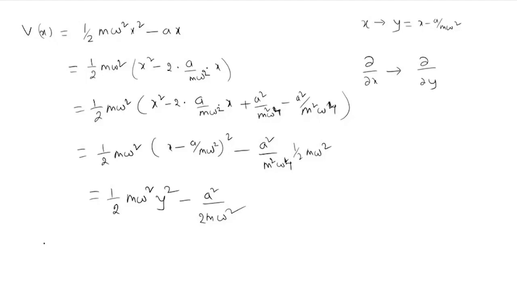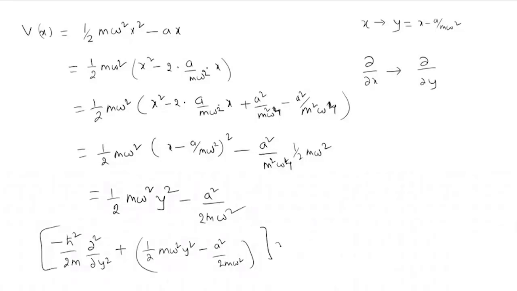With this new potential, your Schrodinger equation becomes minus h bar square over 2m del square, and the potential becomes half m omega square y square. This minus a square over 2m omega square will be added as a constant. You have to solve this.